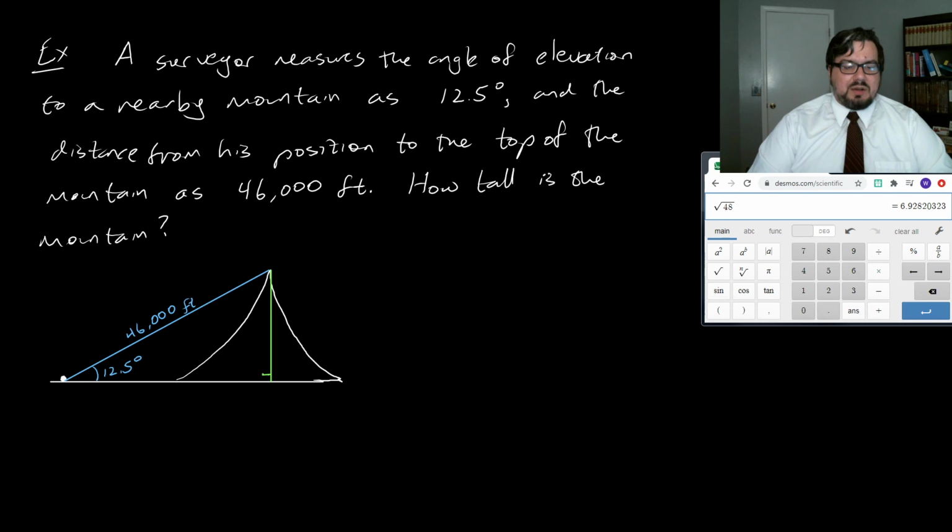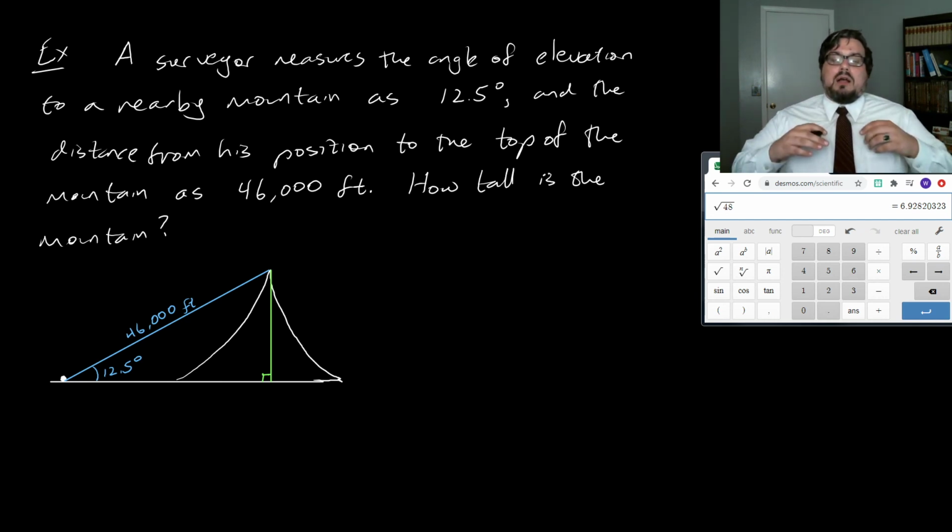And once we sketch it out, we could see that we actually have a triangle set up here. And so we can start asking about what the various side lengths are. We've got the angle 12.5 degrees here. We've got the hypotenuse of 46,000 feet, and then we've got the green side length, whose length is what we want to measure.